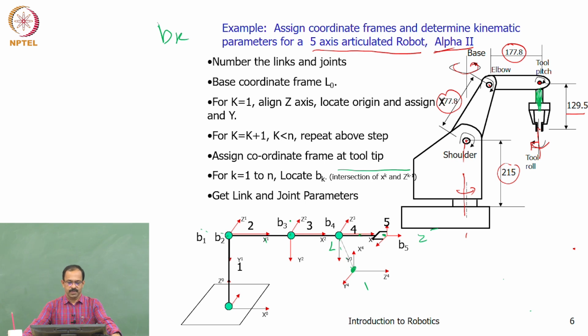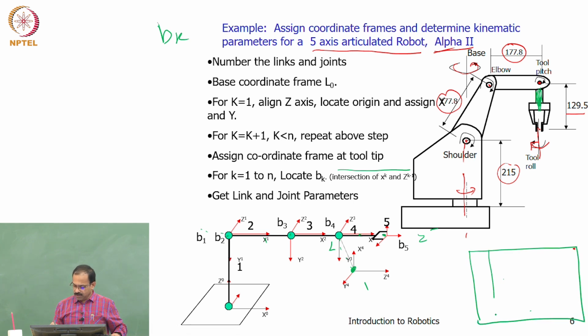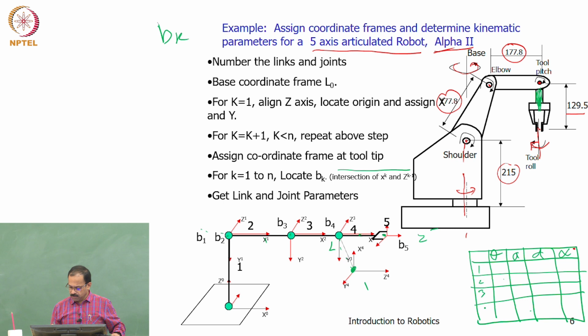So now we are ready to get the DH parameters. For each joint we will be getting a DH parameter. Okay, so we can actually have a table: theta, A, D, and alpha, joint 1, 2, 3, 4, 5.